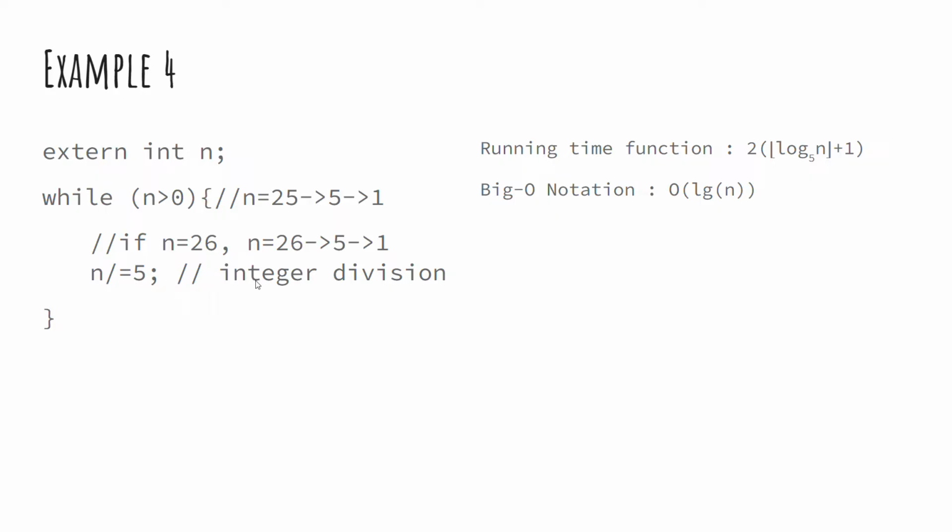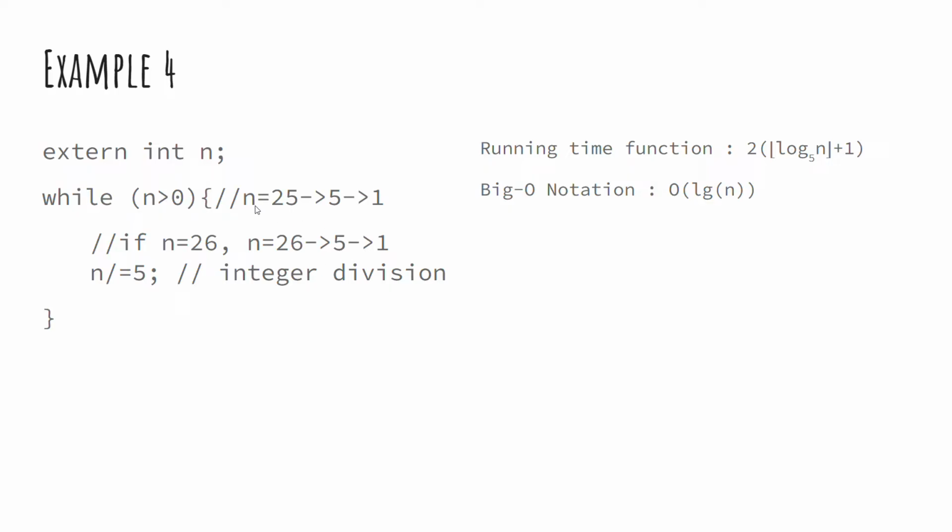And so in order to find the running time function of this example, we'll take a couple of examples. We'll run this algorithm when n is equal to 25, for example. The reason I chose 25 and 26 is because 25 is an exact power of 5. So 25 is 5 to the power of 2, and then 26 is adding 1 to 25.